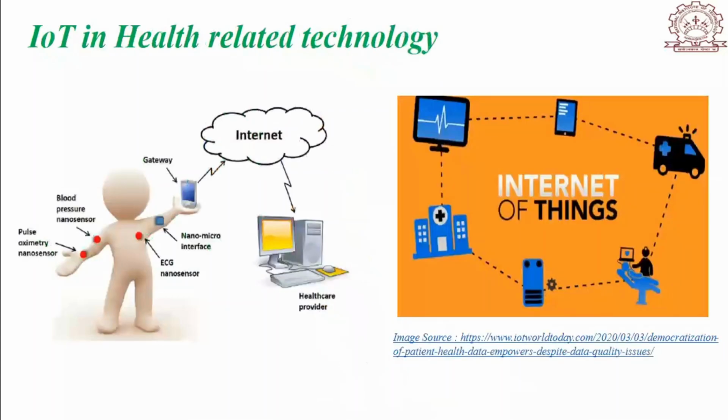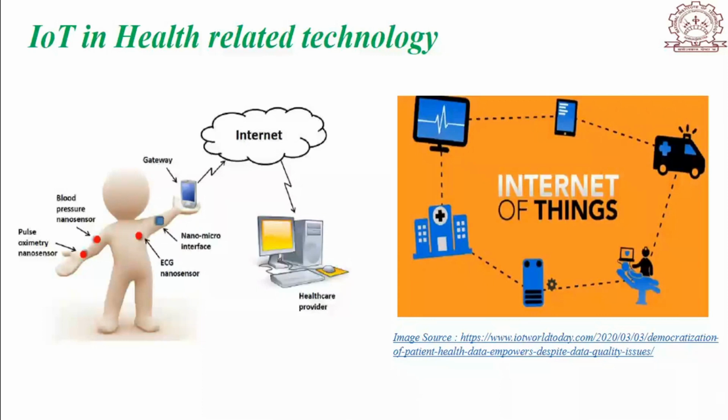So health related technology is also there. One example I can give: previously there was the system of joint family, and now the joint family is reducing to single persons. Many students, after completing their education, work far from their home, and there may be a situation where nobody is there to take care.